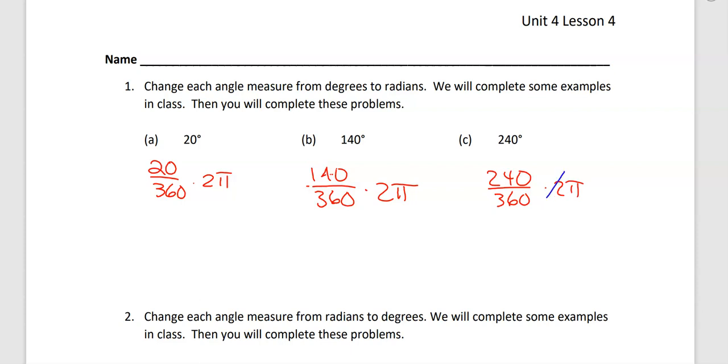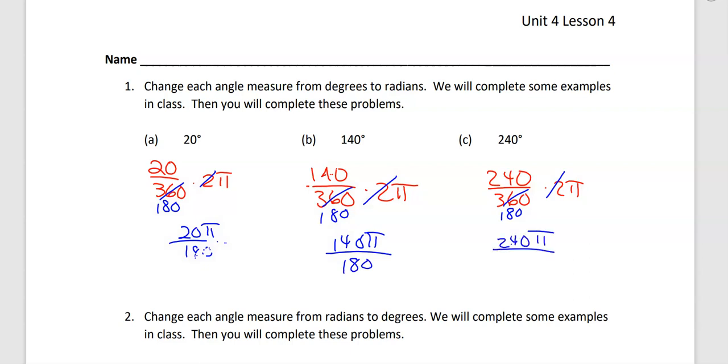If you get rid of that 2 by dividing both of these numbers by 2, then what you end up with is 20 pi over 180. Here you have 140 pi over 180. And lastly, you have about 240 pi over 180.